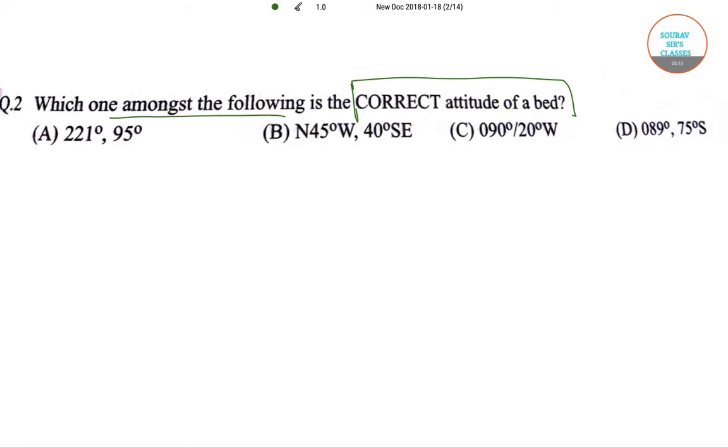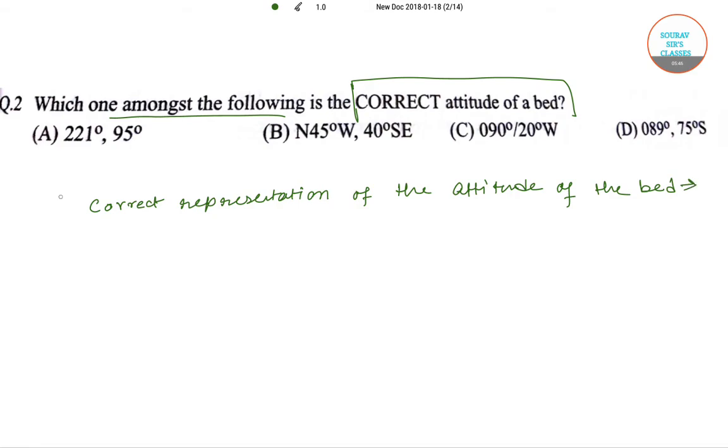First, let me tell you what is the correct representation of the attitude of the bed. So this is our concern. Now I'm explaining my answer.